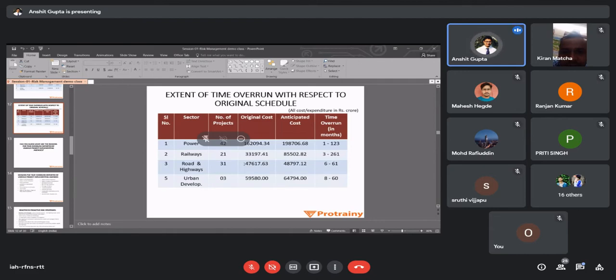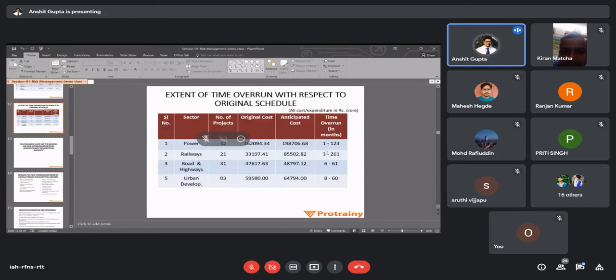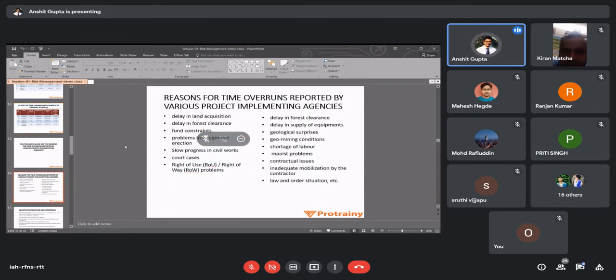But if from the start of the project, these people from these sectors were doing risk management, every month preparing a risk register, highlighting all these risks to their senior management every 15 days, every 10 days, and not only highlighting but trying to come up with the solution, maybe this delay, which is 100 months delay, could have been reduced to 15 months delay, or even the project could have been done on time if there was a dedicated person for risk management who was actually calculating what risk of time overrun and cost overrun we are facing on the project, and was also highlighting those risks to the senior management.